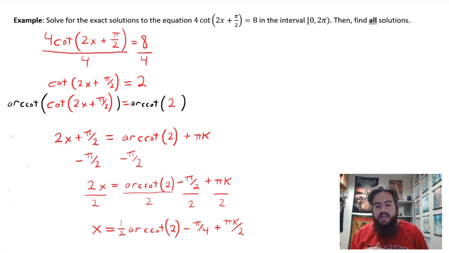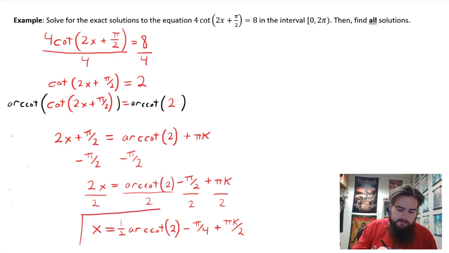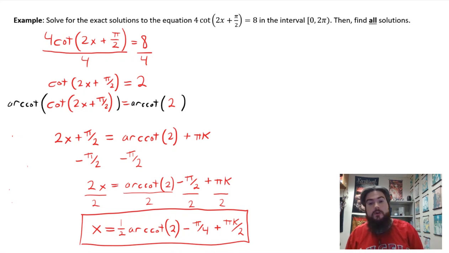Or pi halves k if you prefer to write it like that. This would now be my full infinite solution set. And from here, we should now be able to generate the individual solutions.